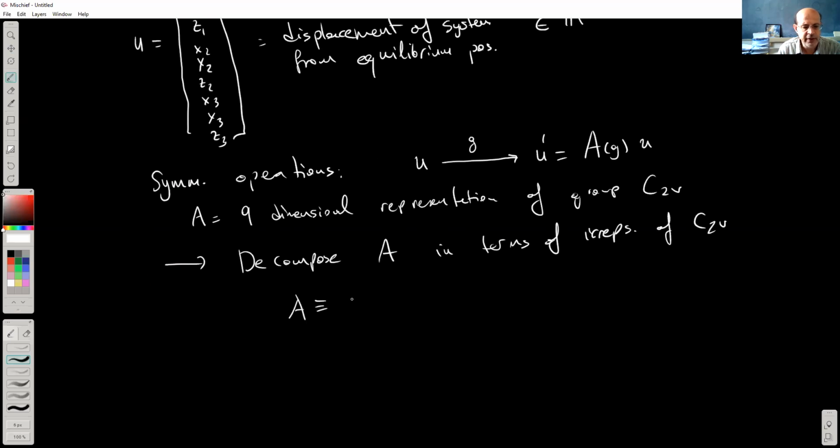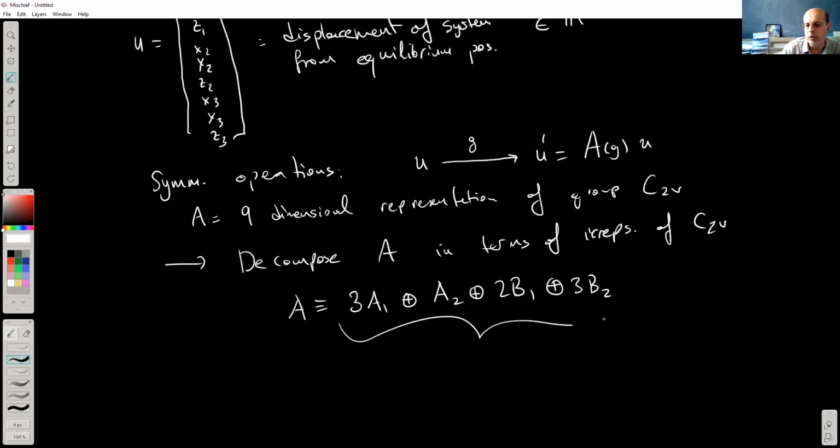Basically, we have three trivial representations, 1A2, 2B1, and 3B2. There are 9 modes, and these 9 modes decompose into these irreducible representations in that form.